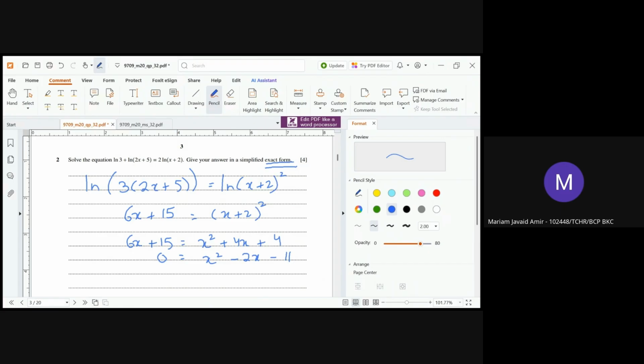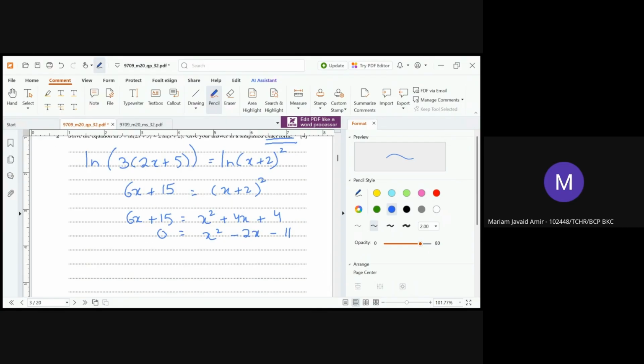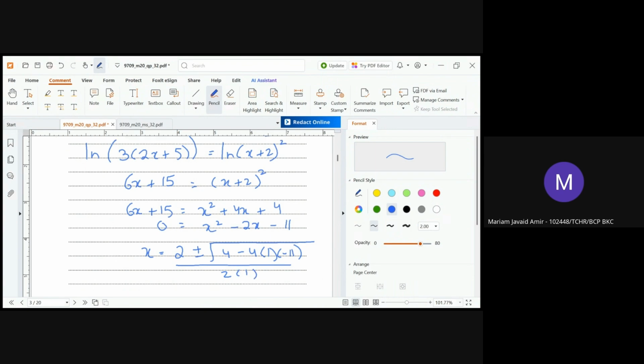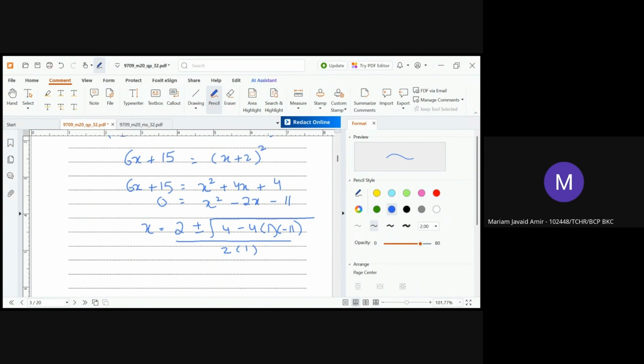Now we'll have to use the quadratic formula. So x equals minus b plus minus square root of b squared minus 4ac, upon 2a. Enter this in your calculator and you'll get x equals 1 plus 2 square root of 3 and x equals 1 minus 2 square root of 3.